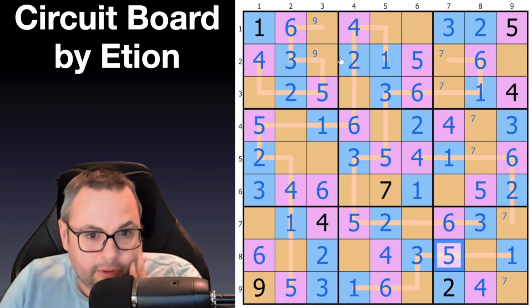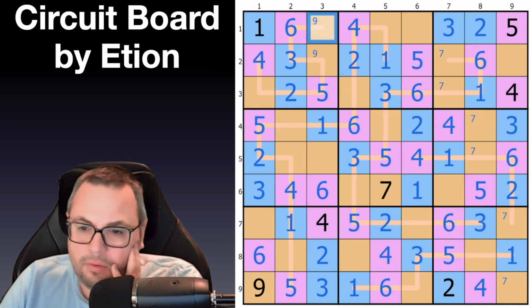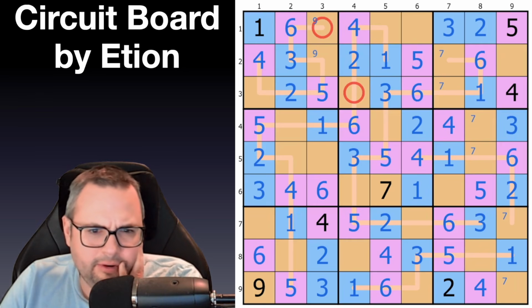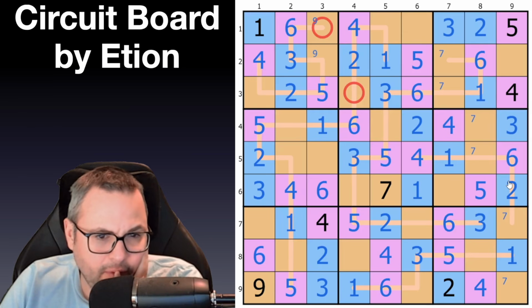I'm also tempted to try like coloring where certain digits go in certain places. So like I know that this digit is the same as that digit, for example.